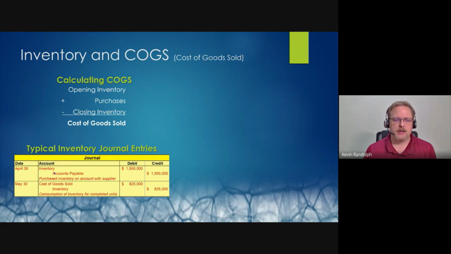And that's going to affect your accounts payable, of course, because you're most likely going to be purchasing these on account as opposed to cash. Then your cost of goods sold, once it's been calculated, is going to be taken. You're going to add in the cost of goods sold to a debit on that account, and then you're going to subtract it out or credit it out of the inventory amount.